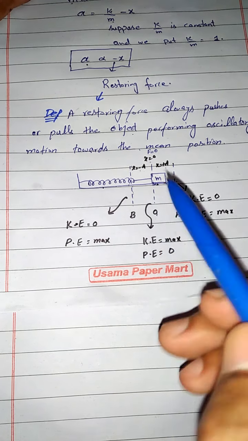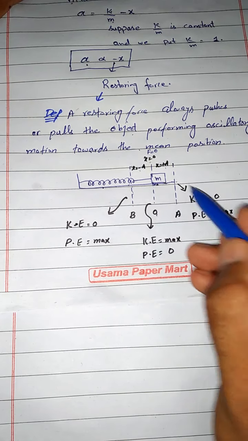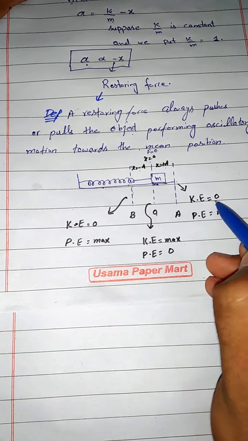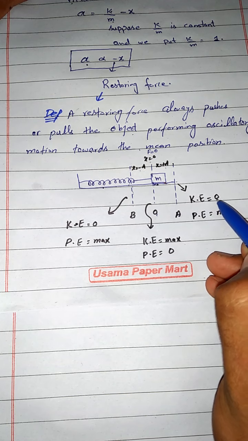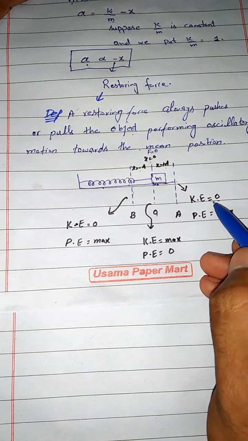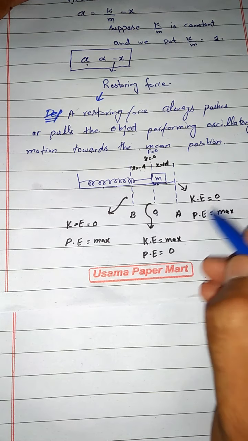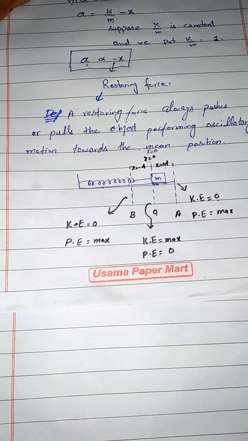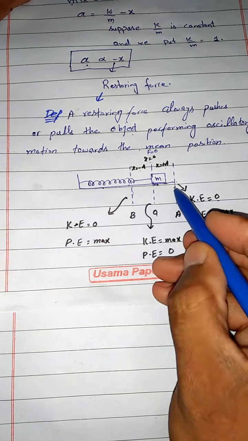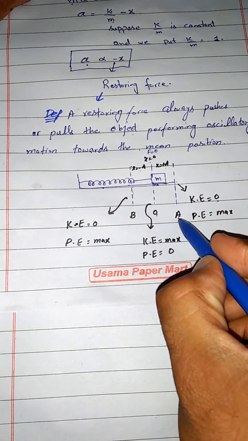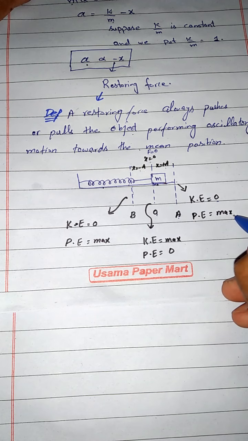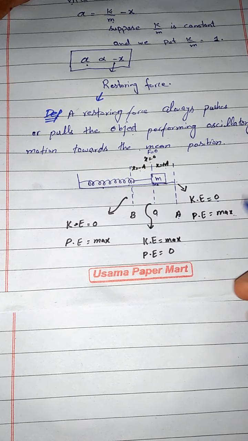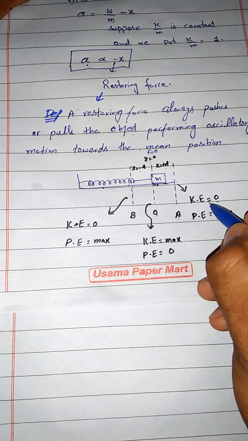It reaches the extreme position B. At the extreme position A, the kinetic energy will be 0, because kinetic energy is the energy due to motion, and potential energy is the energy due to some reference point or position. At its extreme position, the potential energy is maximum and kinetic energy is 0.